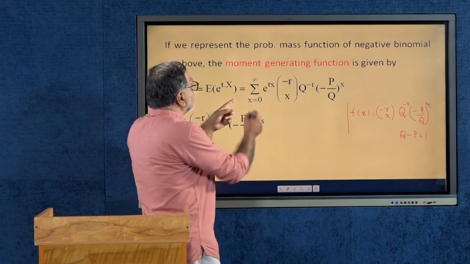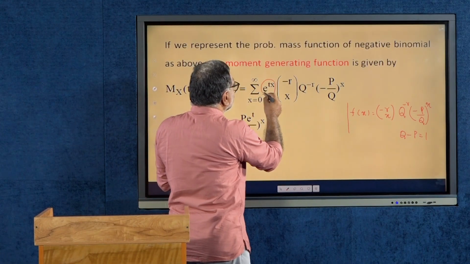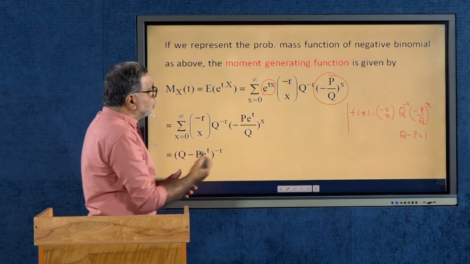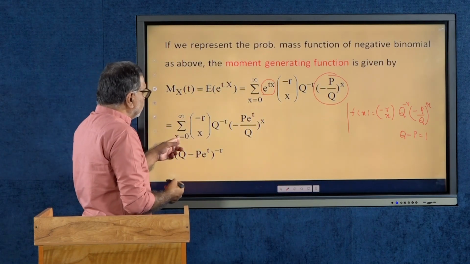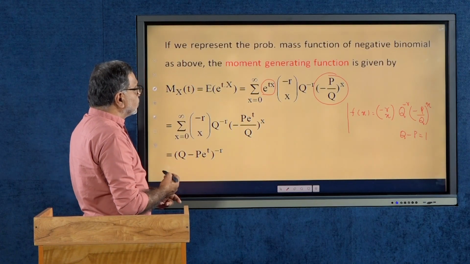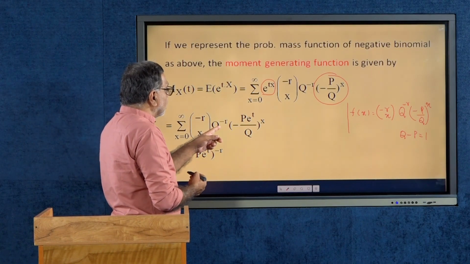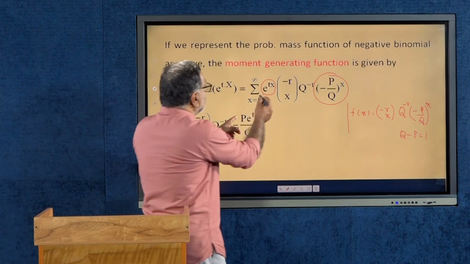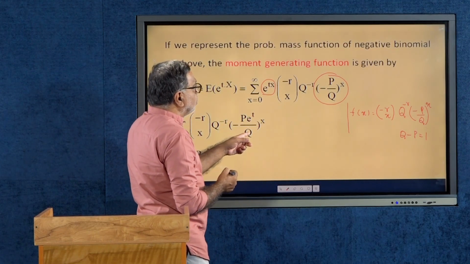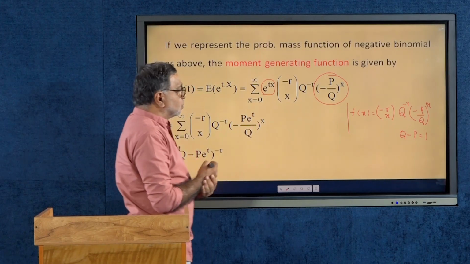Now e^(tx) and this factor are both powers of x. Combining these two, we can write the sum over x = 0 to infinity of -rCx q^(-r) (-p e^t / q)^x.